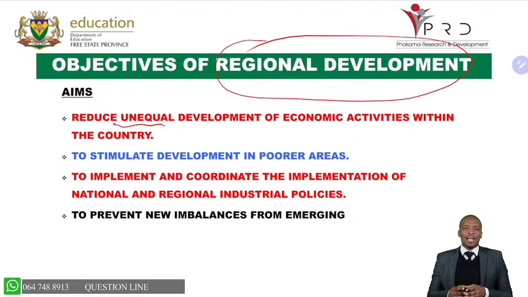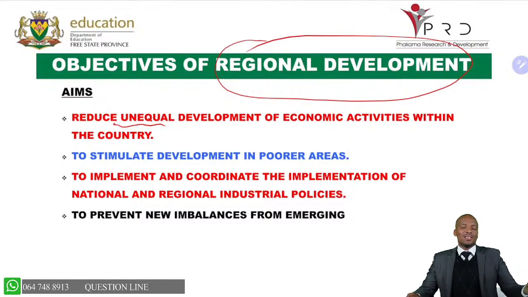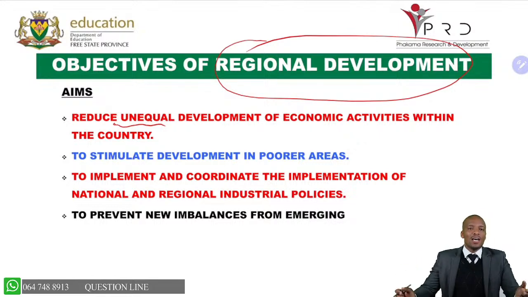We also mentioned that integration says we avoid centralization, where resources are focused only on one area, but we promote decentralization, where the regions equally will also benefit. Whatever good practices are being performed in a particular region should have a spillover effect to other regions. That is what we call integration.